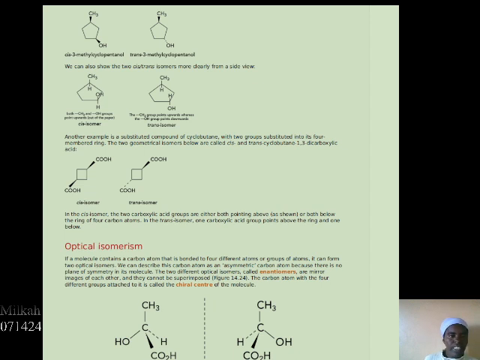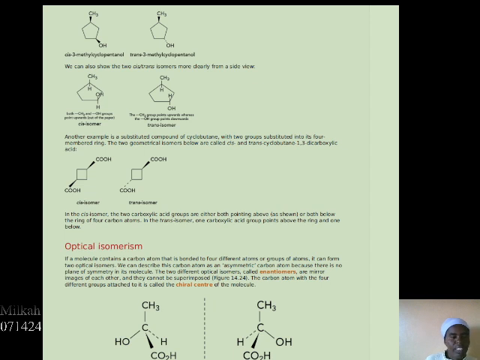It is called cis because the OH group and the methyl group are facing the same direction, and both of them are wedge. In the other one, trans 3-methylcyclopentanol, one is wedge and one is dash, therefore they are different. They are facing different sides, that's why it is called trans 3-methylcyclopentanol.